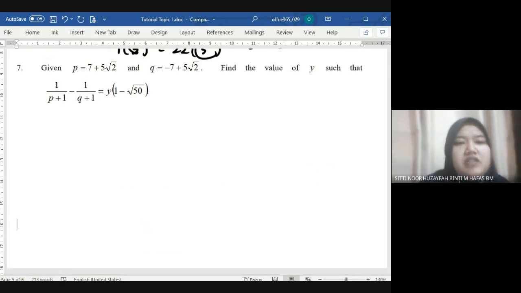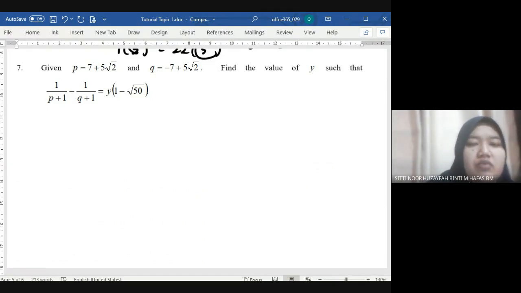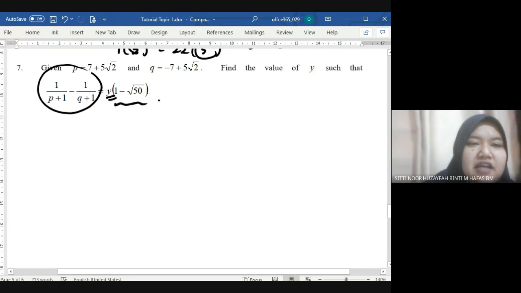Given P is equal to 7 plus 5√2 and Q equal to negative 7 plus 5√2, find the value of y such that... Okay, so now we want to compare what is y. So we need to know what the left hand side is in this form. So you have to solve for the left hand side first.